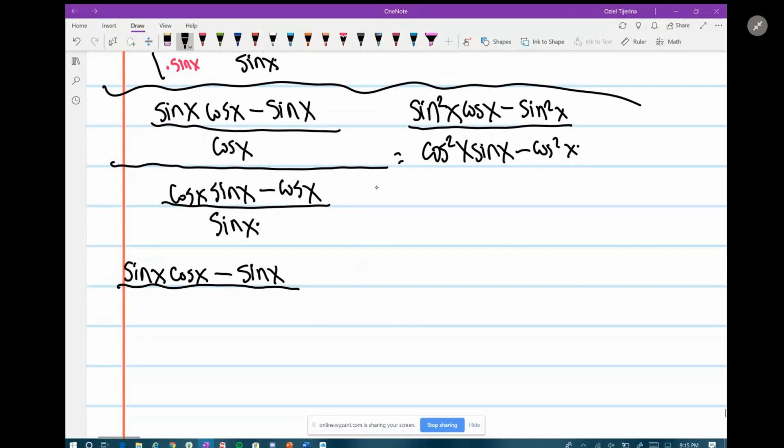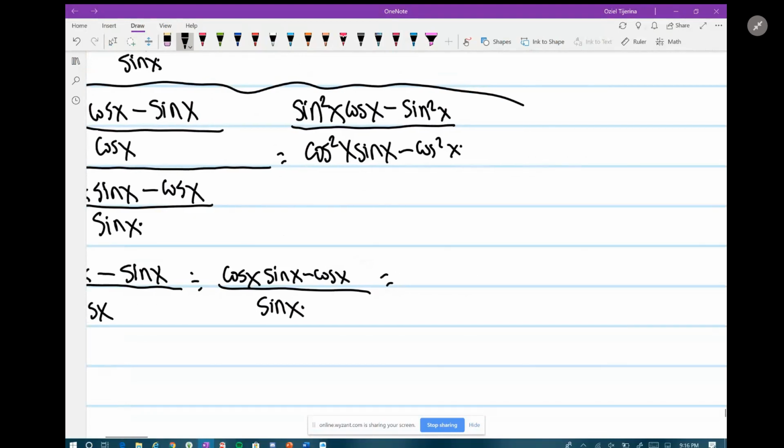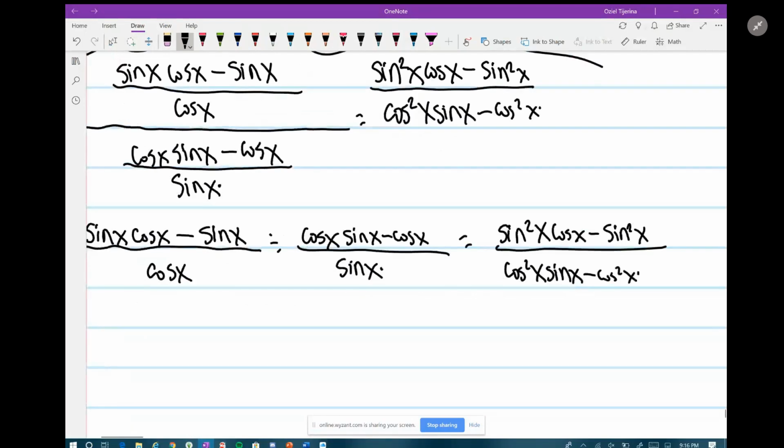So you have sine of x cosine of x minus sine of x over cosine of x, divided by cosine of x sine of x minus cosine of x over sine of x, is equal to sine squared of x cosine of x minus sine squared of x over cosine squared of x sine of x minus cosine squared of x.